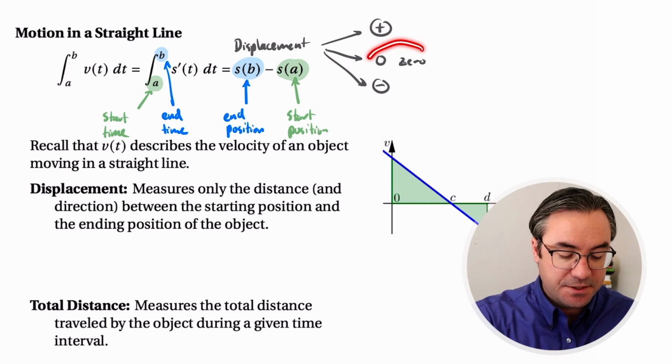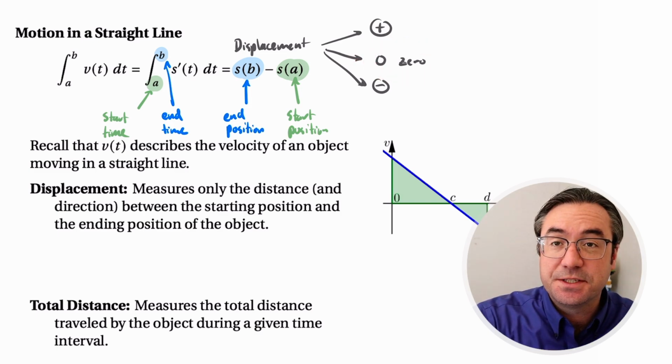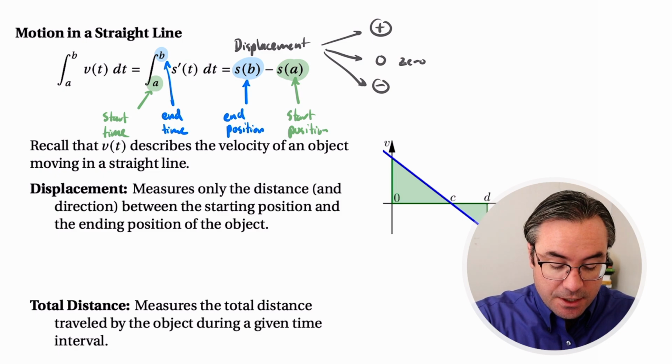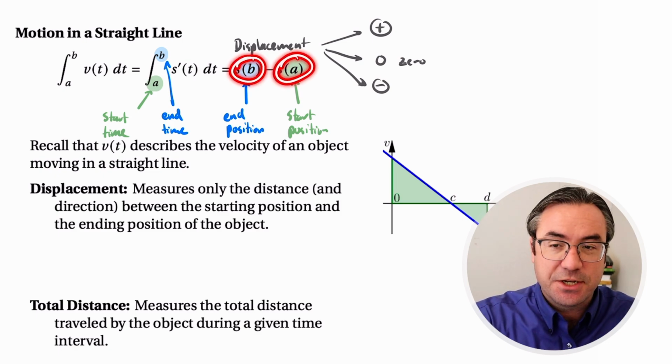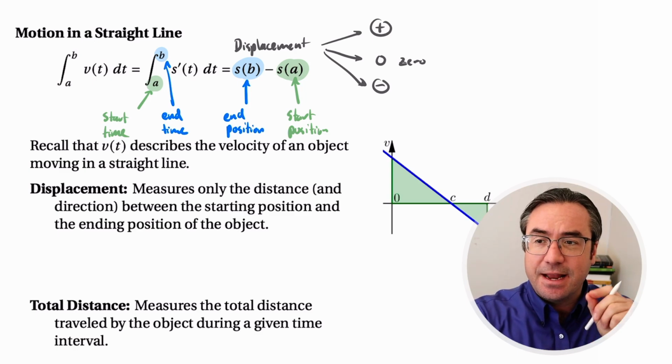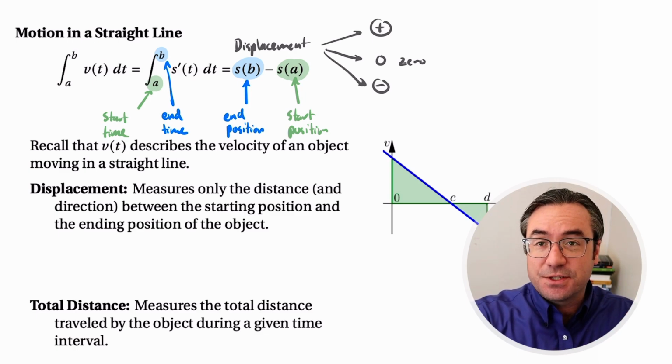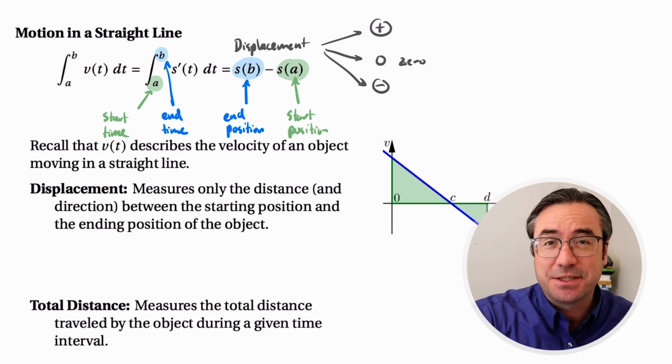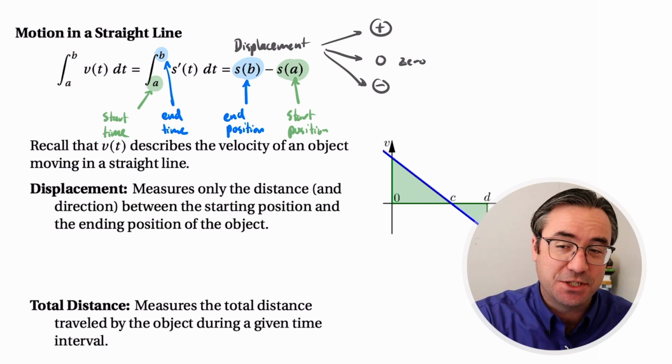So what happens if displacement is 0? Well, that means your end position matches up exactly with your start position. Your object's moving around during this time interval, and then it gets back to exactly where it started. So its start and end position are the same.